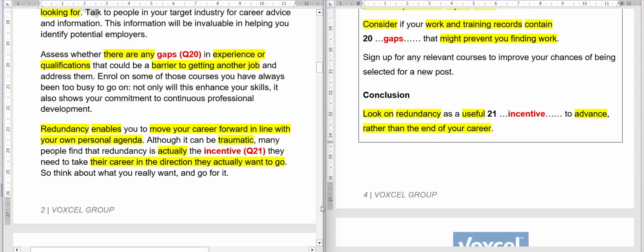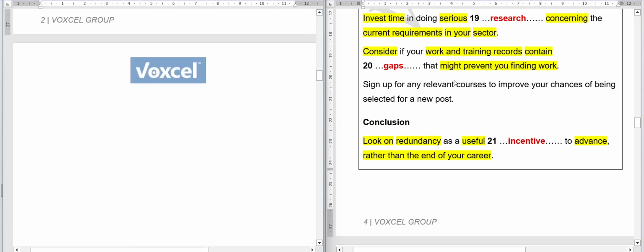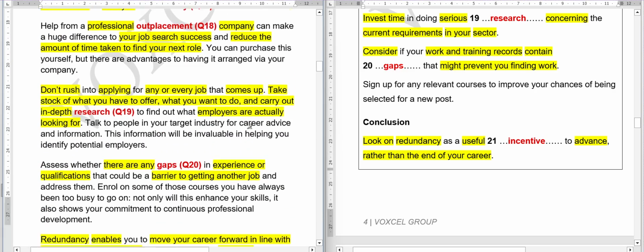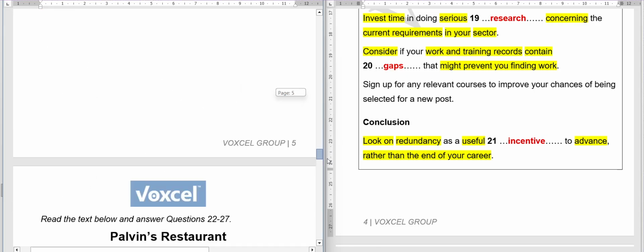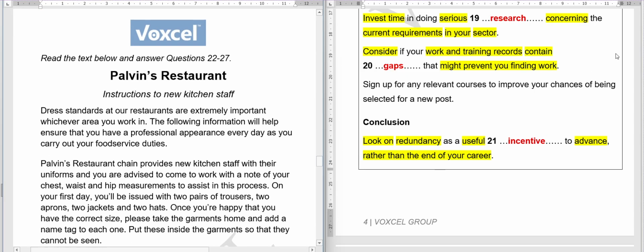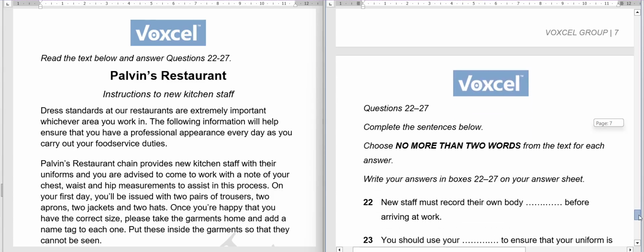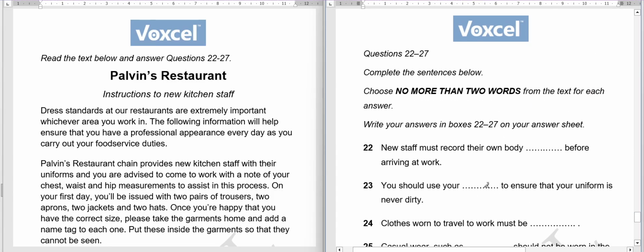Moving on to the next text of this particular section. So this is our next text, and these are our questions. What we're going to do is read the title of the passage.